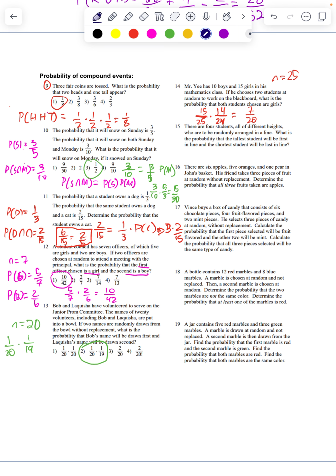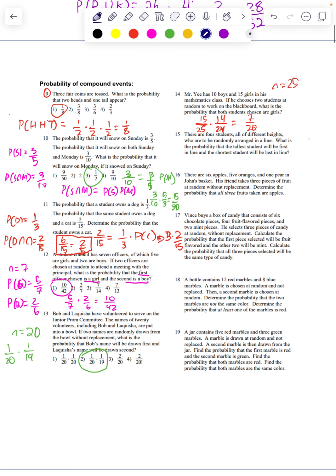All right. 4 students, all of different heights. So n equals 4. What is the probability the tallest student will be first in line? Out of the 4 people, one of them is the tallest. Doesn't matter how tall they are. It's going to be 1/4.